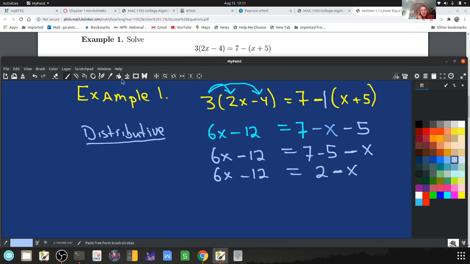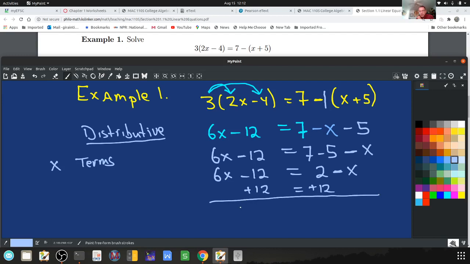So now what I want to do is get my x terms on one side. My x terms are terms that have the variable x, so the minus x and the x. So what I'm going to do is add plus 12 to both sides.